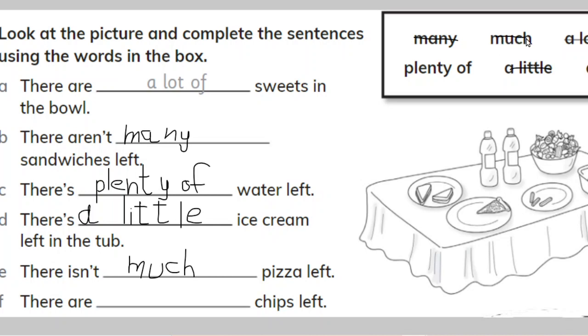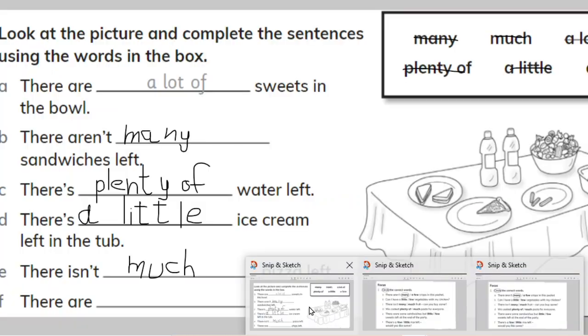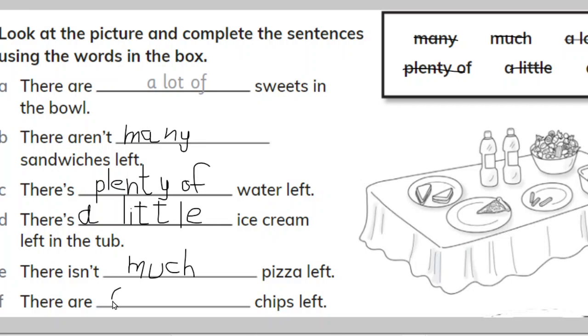This is also gone. Now there are dash chips left. Now go back here. It's a positive one, and chips are countable, so a few. And of course that's the only one left in that box. Even then we got our answer.